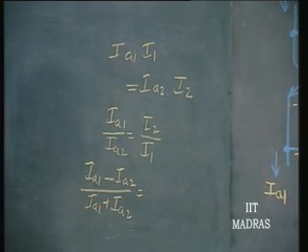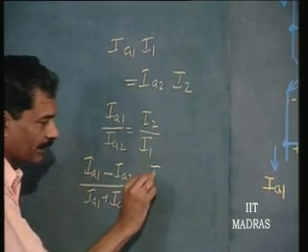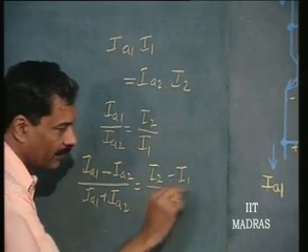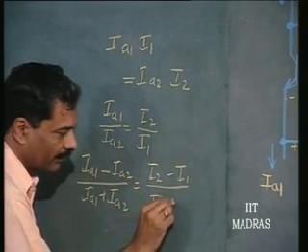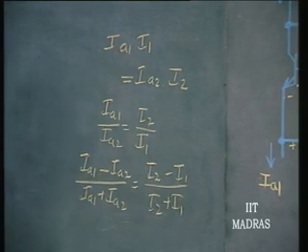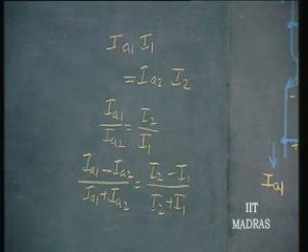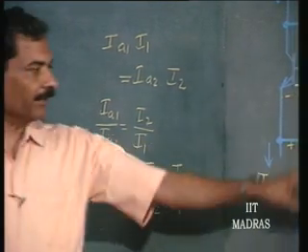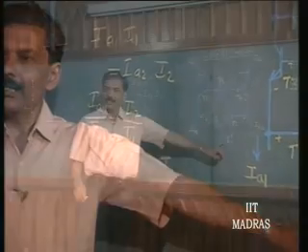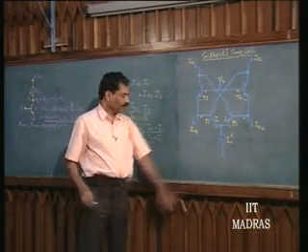What is it going to be equal to? I2 minus I1 divided by I2 plus I1, the ratio relationship. And we have I2 plus I1 always equal to a constant current, DC current, which is I naught dash.